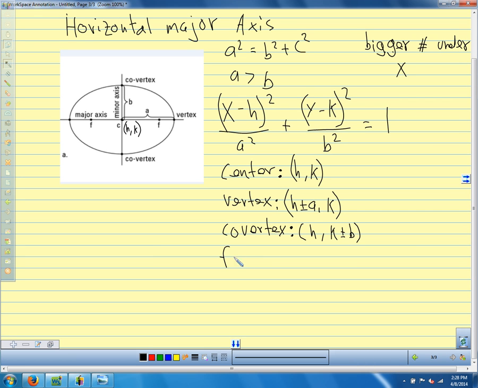Our foci: let me label that again here. That distance is c. C tells us how far left or right from the center to go to get to each focus. So I'm going to go h plus or minus c, k.